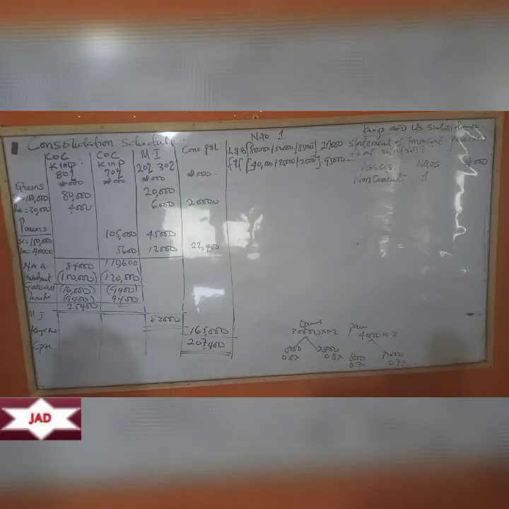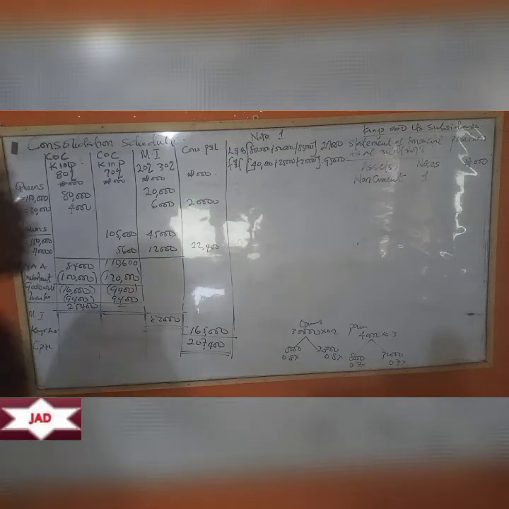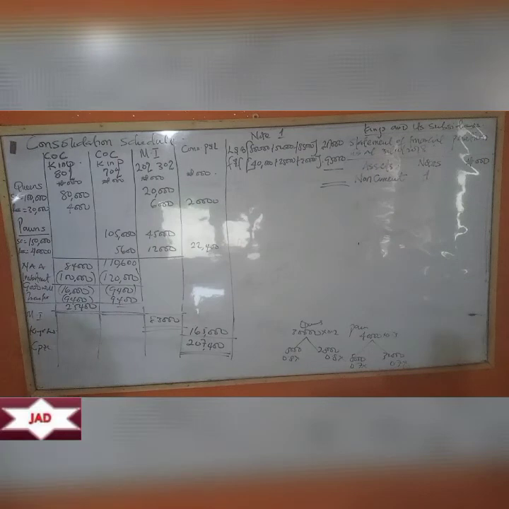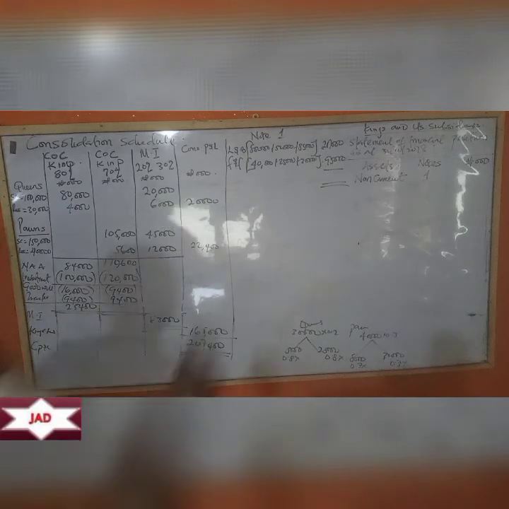What's the next one there? That's all. So you add up this, what do we have? 217,000 plus 95,000, 312,000.